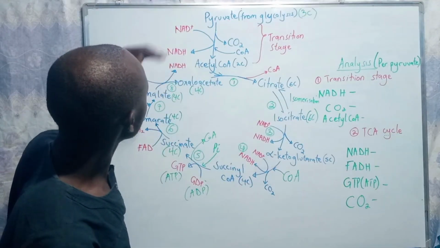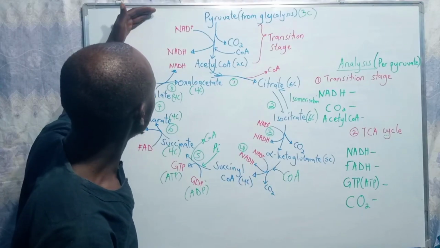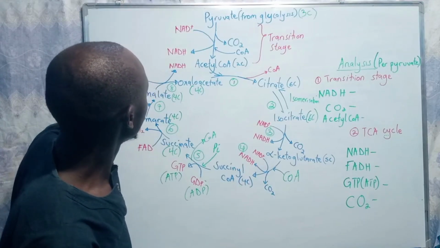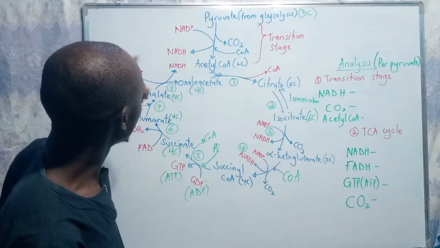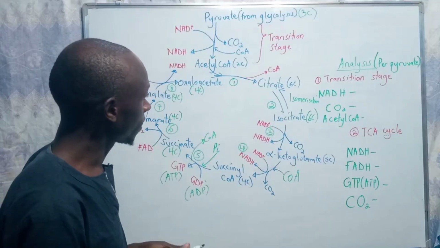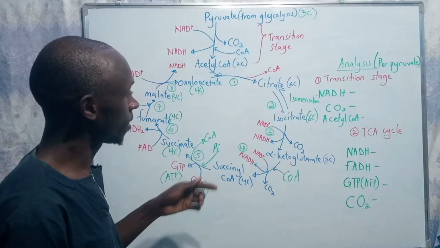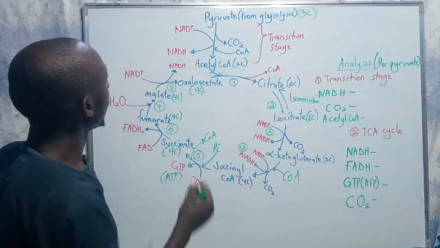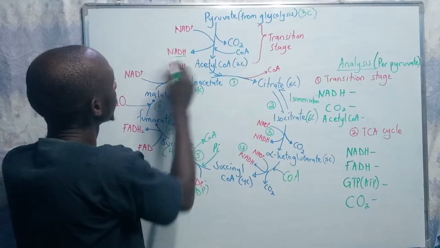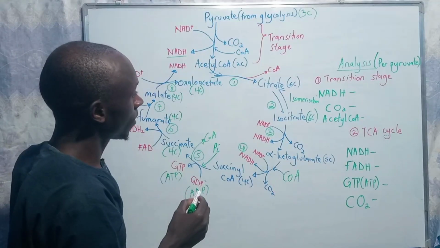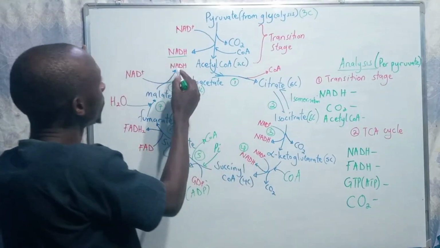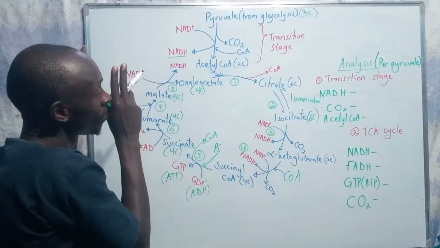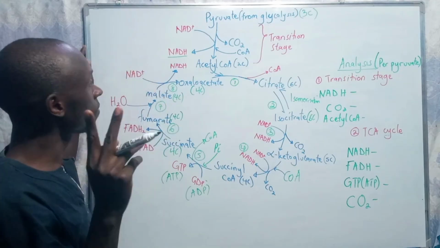We realize that in the transition stage we don't have any energy being released, but we have other important molecules that are formed, which are later going to be used in the cycle. For example, we have NADH, that is reduced NAD, and when we count, we only have one, but remember that we have two pyruvate molecules.